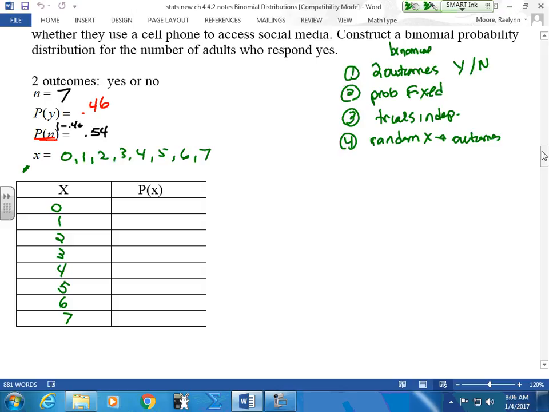So now, to find your probabilities, you have two ways. You can use Bernoulli's. This is called Bernoulli's, what this says. You can use Bernoulli's, and you would set it up like this. It's a pattern. Don't worry about what the formula looks like. Do the pattern. 7 things, 0 at a time. I want none to be yeses.